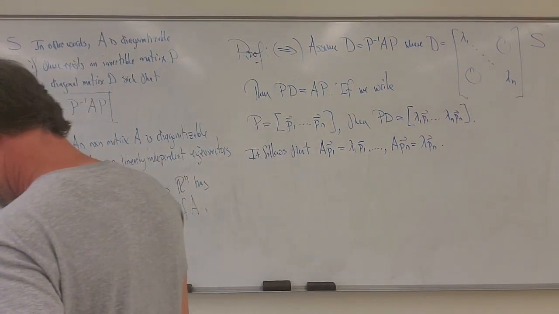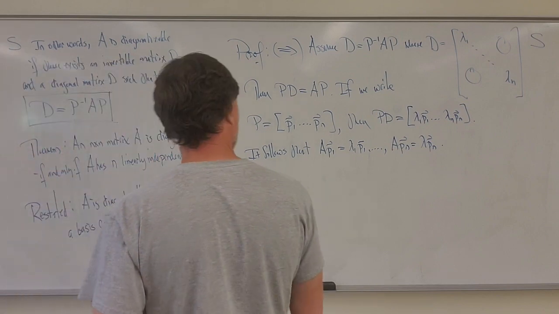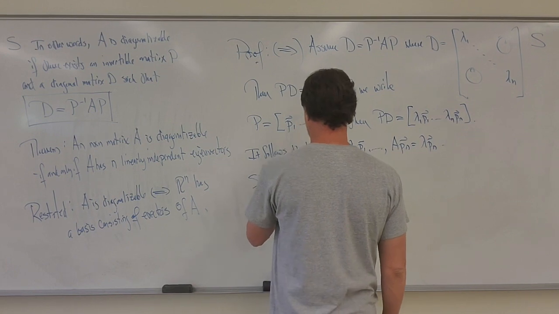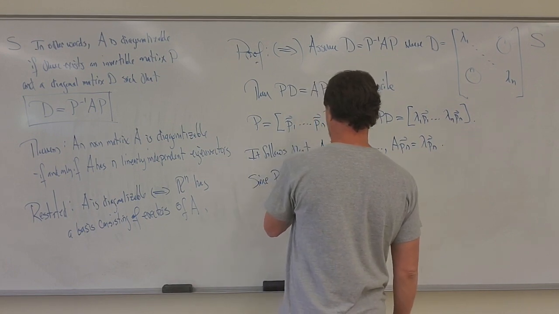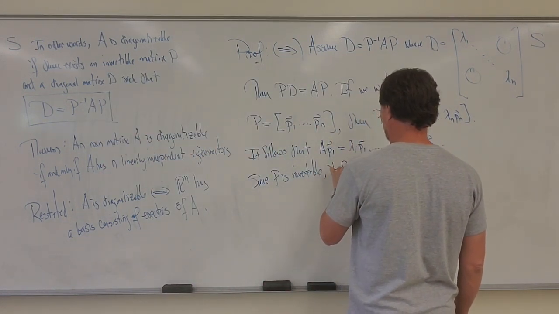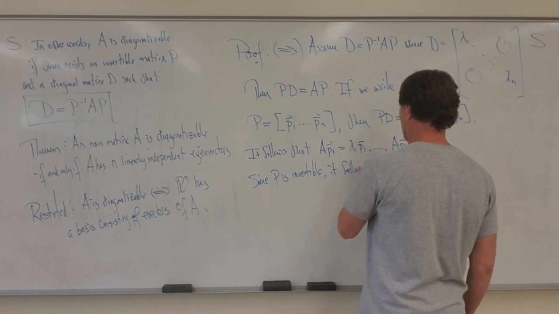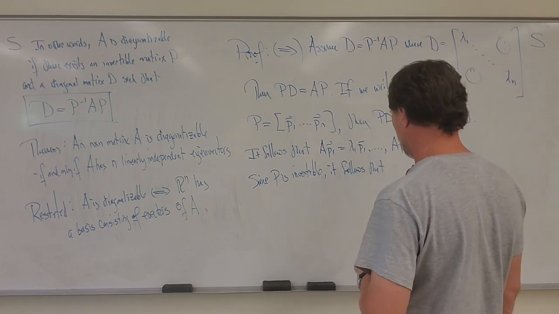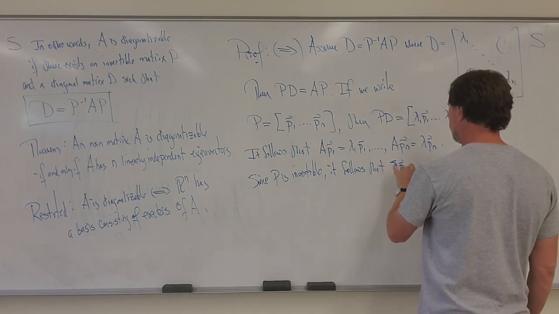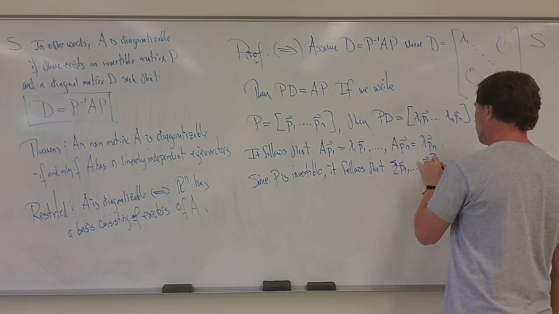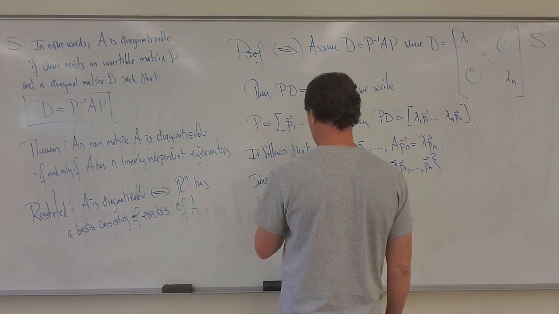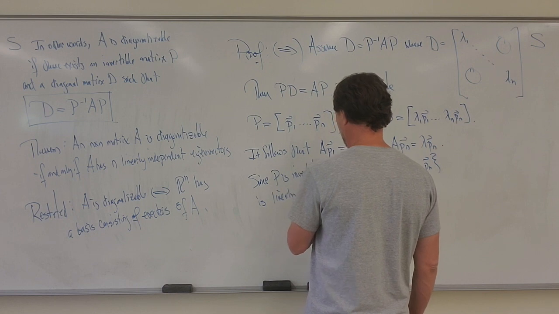Now what? Since P is invertible, it follows that this set, P1 up through Pn, is linearly independent.